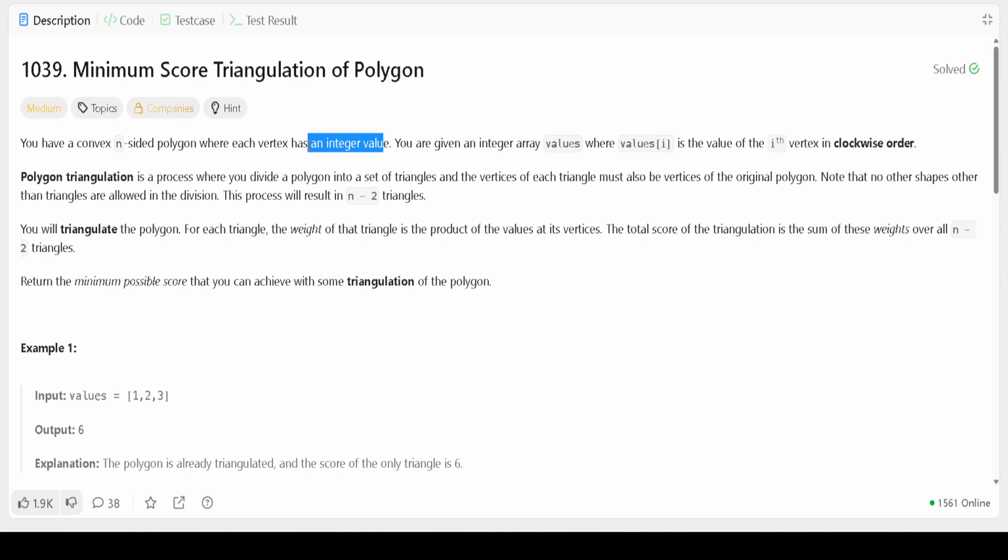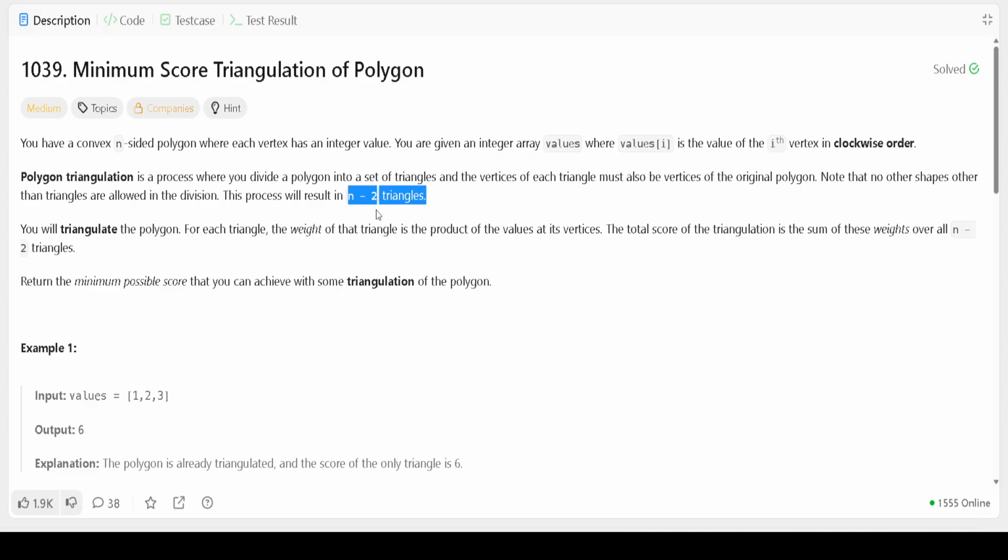When we triangulate the polygon, we cut the polygon that we have been given into n-2 triangles.